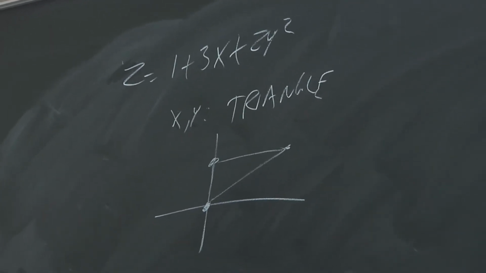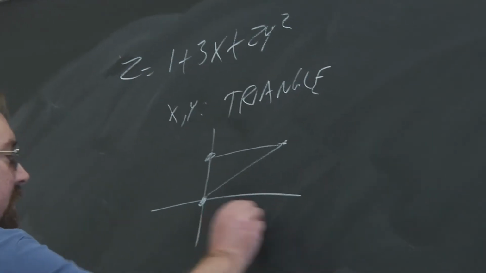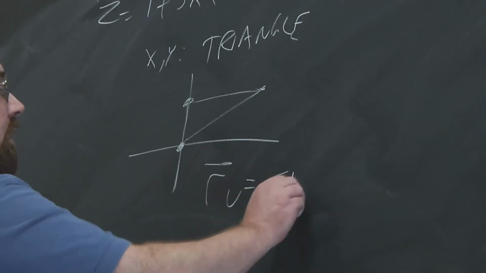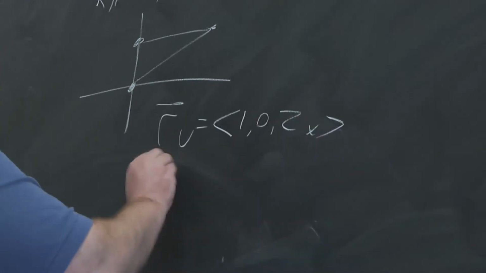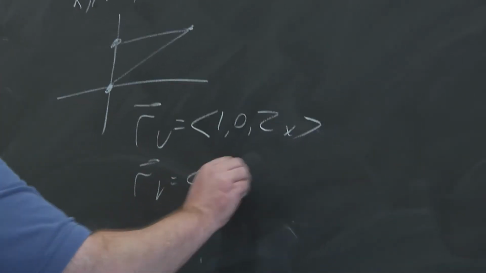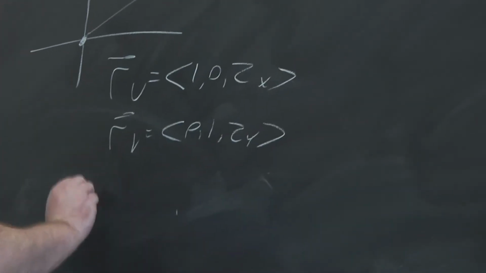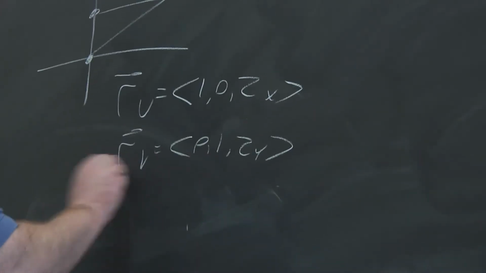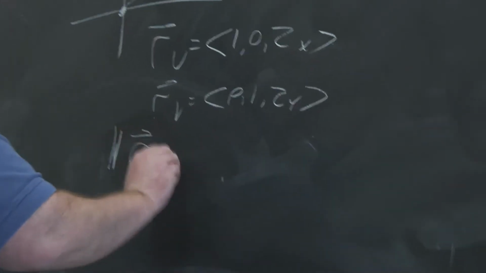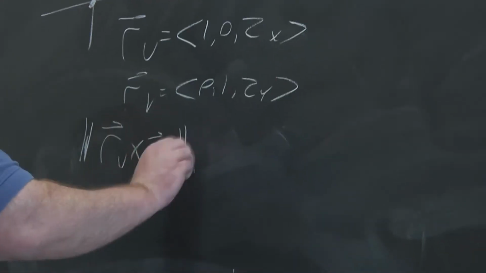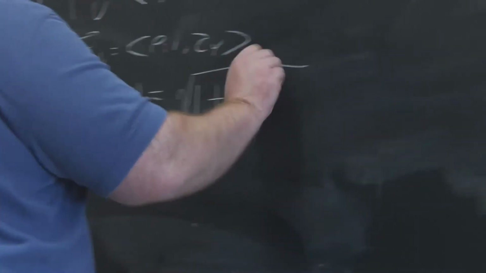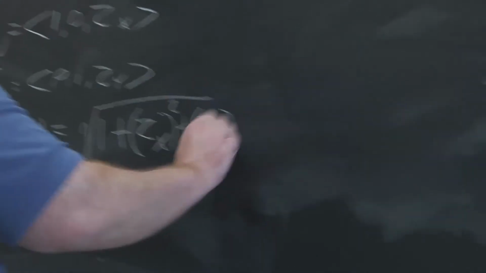then what you end up getting is our u is going to be (1, 0, zx), our v is (0, 1, zy). We kind of went through this before. So the magnitude of ru cross rv is going to turn out to be the square root of 1 plus dz/dx squared plus dz/dy squared.